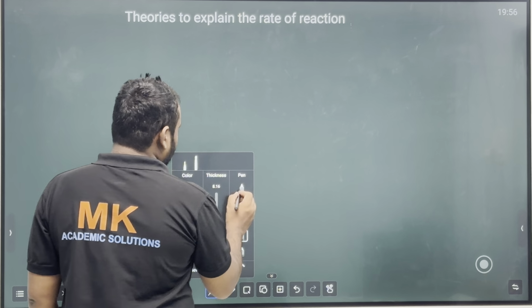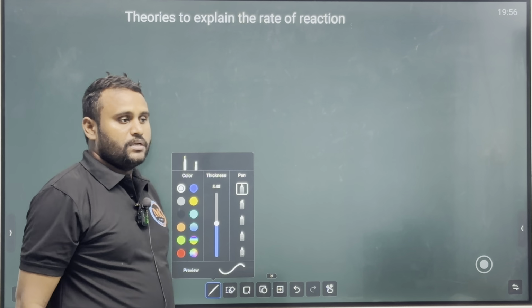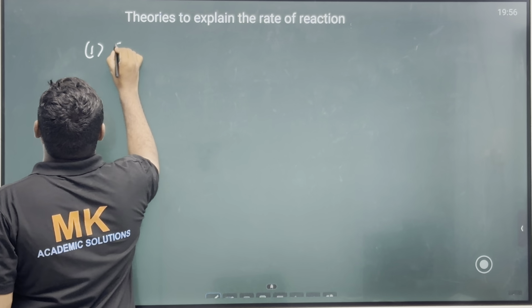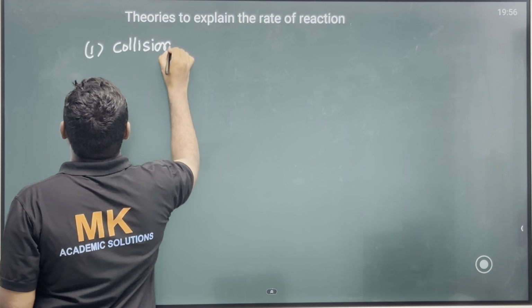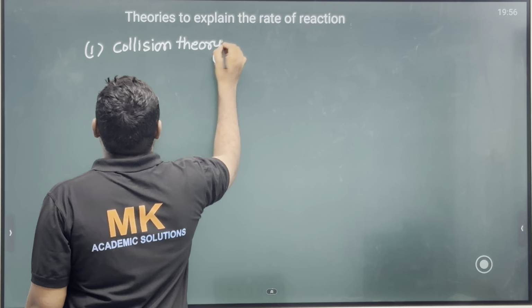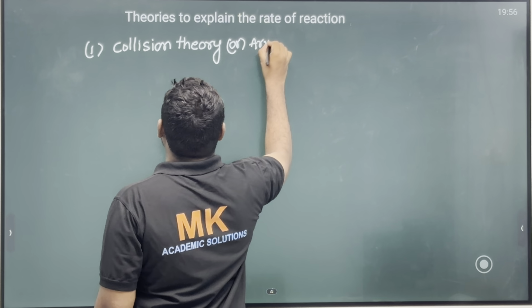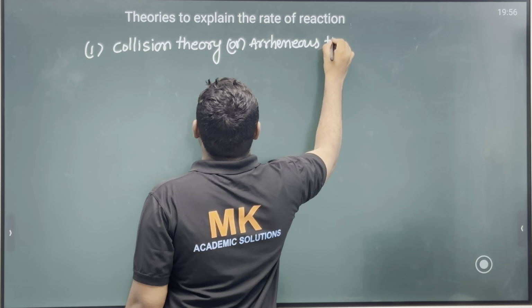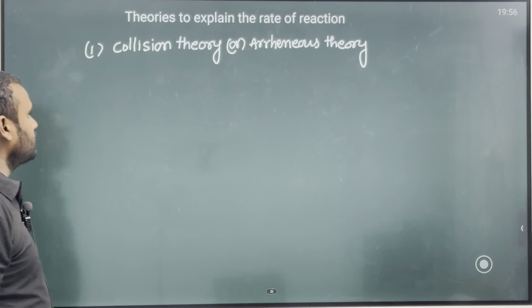There are mainly two theories which explain the rate of reaction. The first one is collision theory, also known as Arrhenius theory.